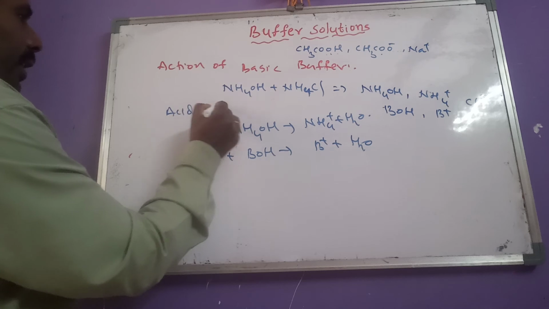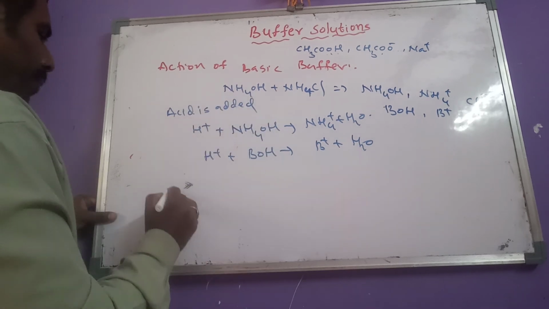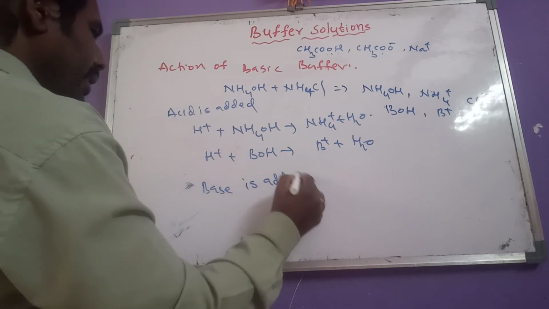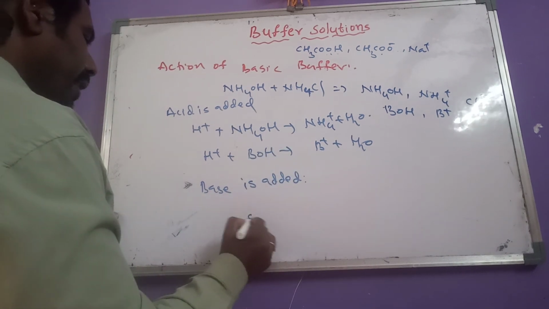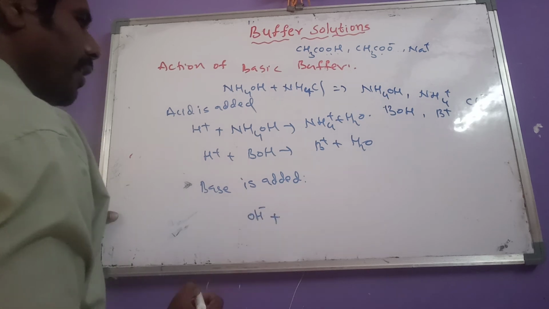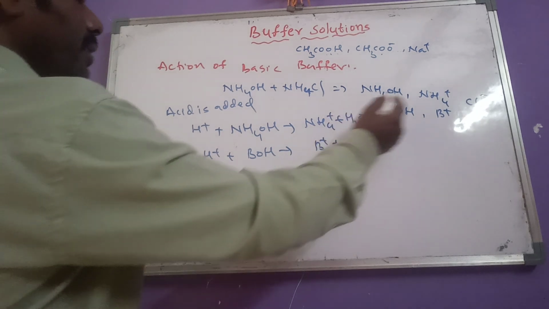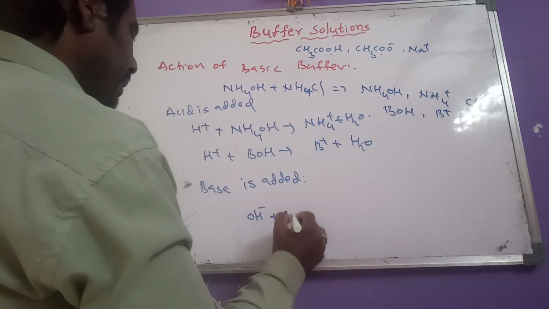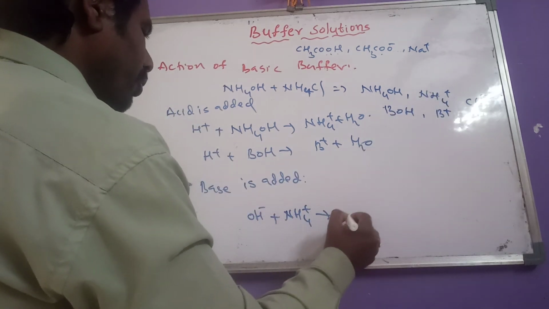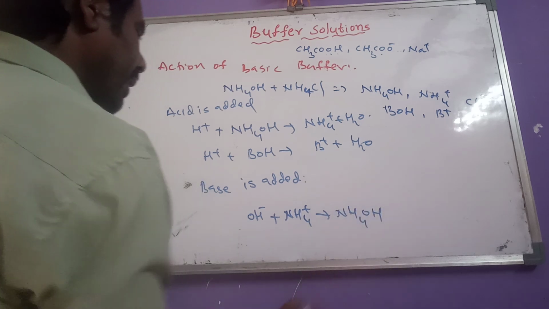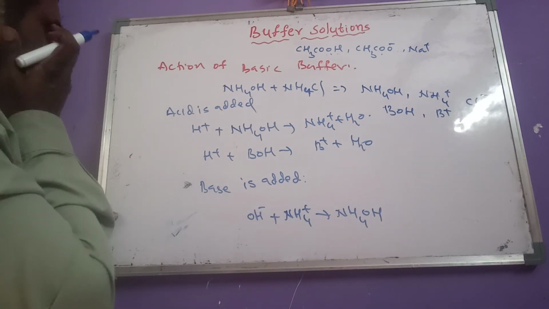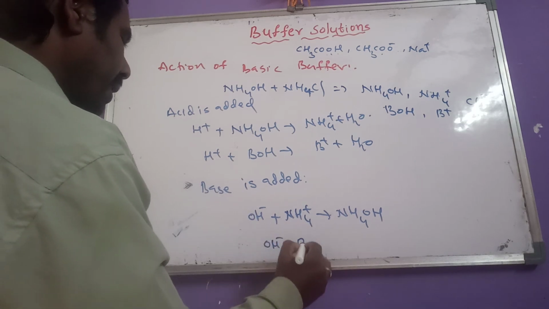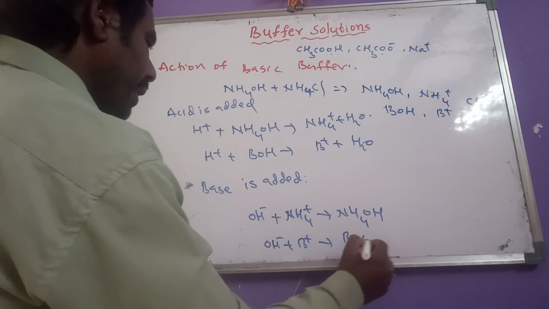Now if base is added, what happens? Base produces OH minus ions. These OH minus ions now react with NH4 plus, and they produce undissociated NH4OH. The general formula is: OH minus plus B plus gives BOH.